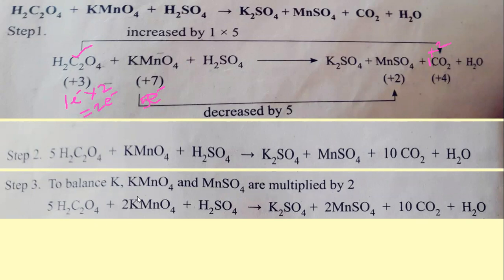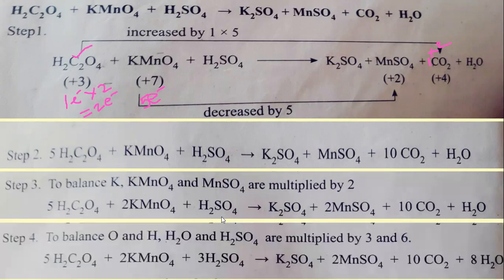So now we get 2 KMnO4, and in the product side also if we check, both the side potassium gets balanced, whereas manganese is not balanced. So what we have to do is multiply it with 2 so that we get both the side balanced.